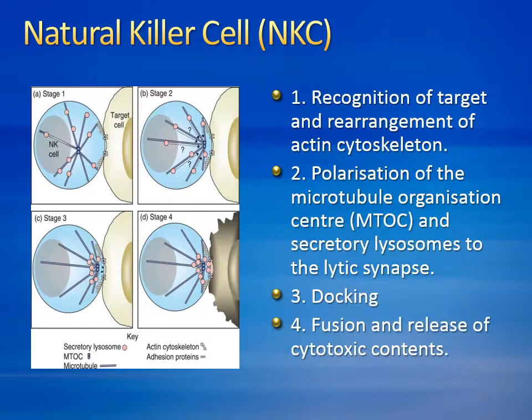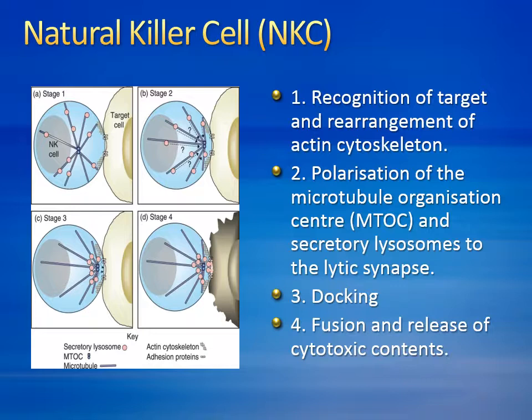In schematics, I think this gives you a better idea of how cells exhibit their actions. So a natural killer cell has been shown to have 4 basic stages of going about its business. The first step is to recognize the target cell and rearrange its actin cytoskeleton.